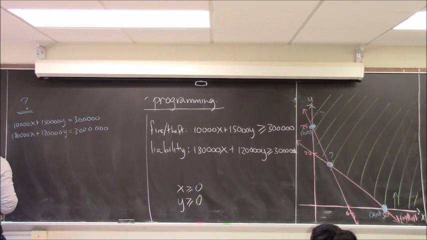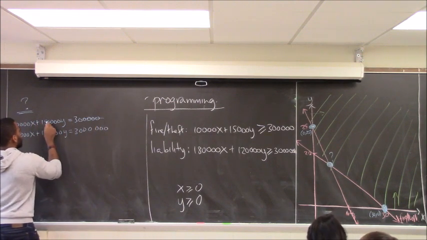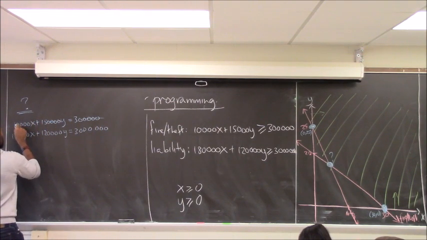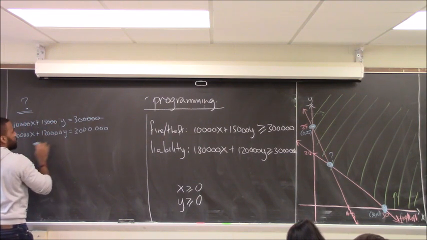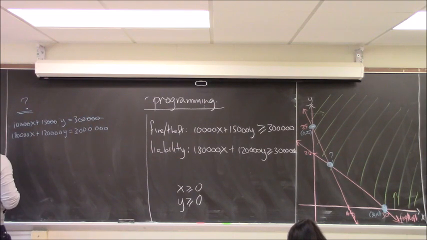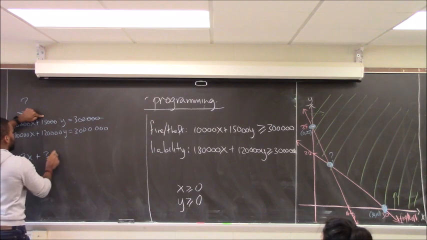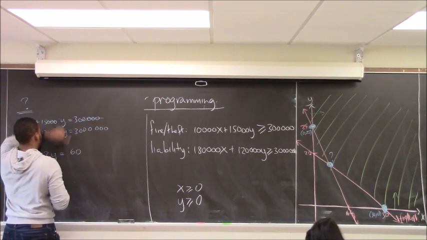I can reduce these. Wait, isn't it only 15,000 y in the first one? Yeah. Okay, so I can't divide through by 10,000, I can divide through by 1,000. And then I can divide further by 5. 5 into this goes 2 times, 5 into that goes 3 times, and 5 into that goes 60 times.